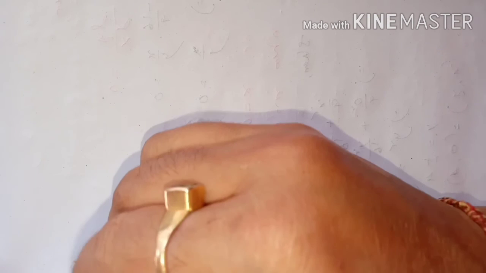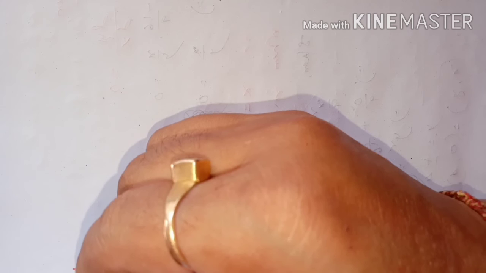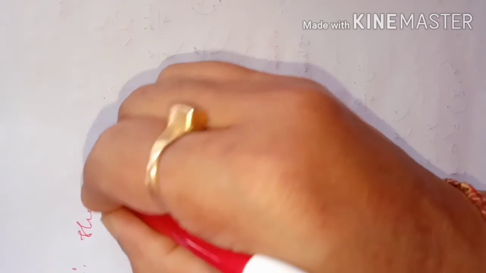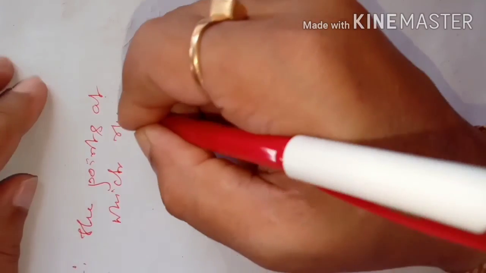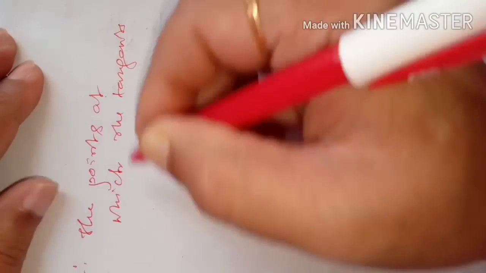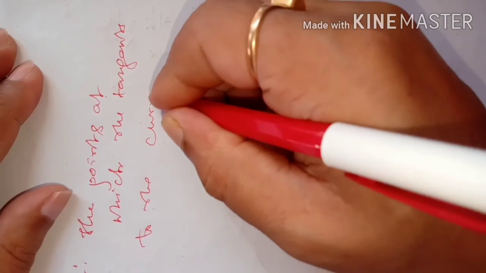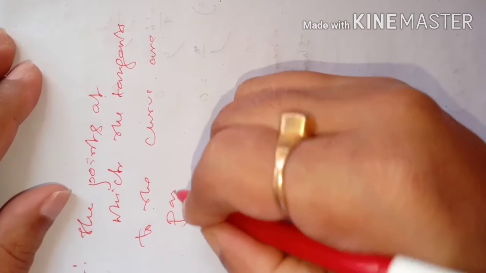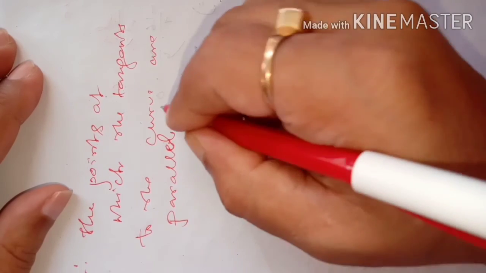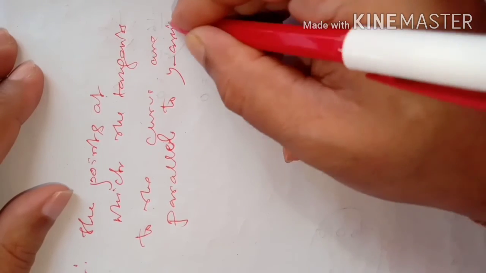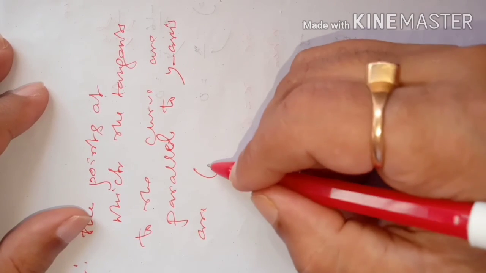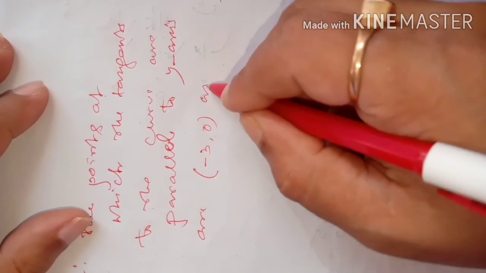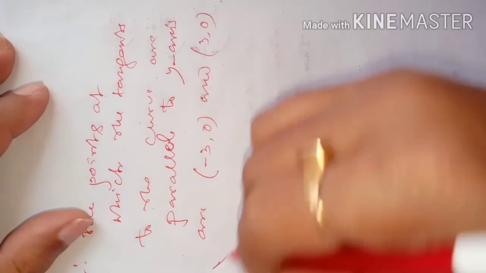Therefore the points at which the tangents to the curve are parallel to y-axis are minus 3, 0 and 3, 0. Okay, dear students, this is our final answer.